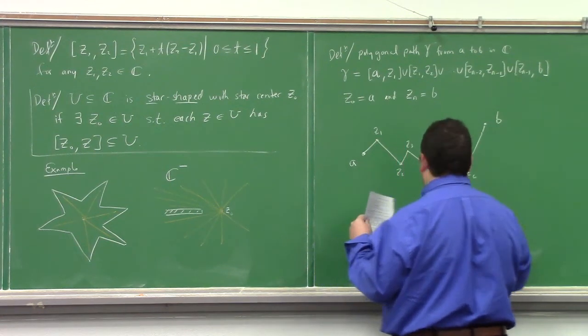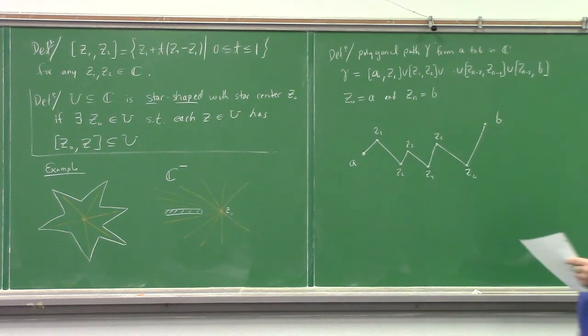So this is what a polygonal path looks like. It's just a finite union of directed line segments, right? Definition.